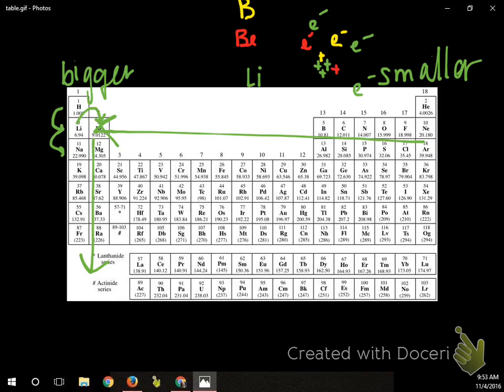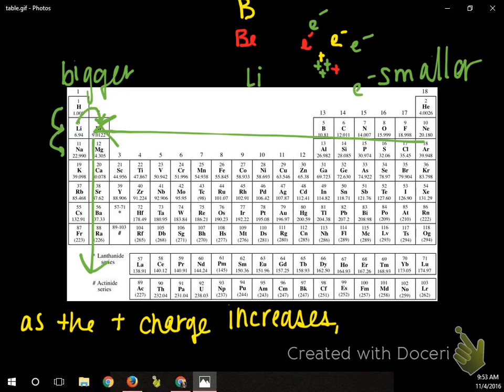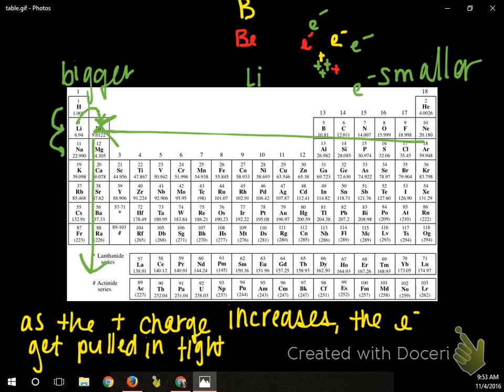As our positive charge increases, I'll write it out: as the positive charge increases, the electrons get pulled in tighter to the nucleus.